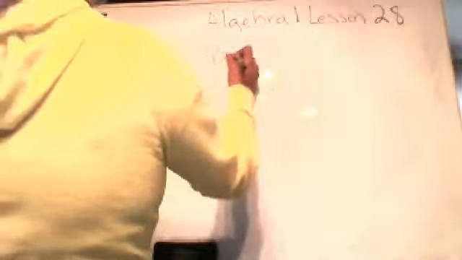Now let's look at it in functional notation. So we say if g of x equals x squared times 2x minus 1, find g of negative 2. So we're doing the exact same thing, except now we're calling it functional notation.